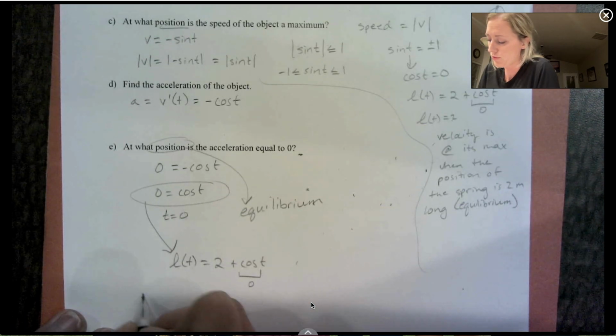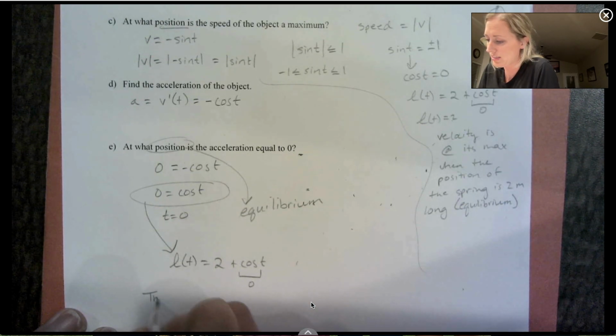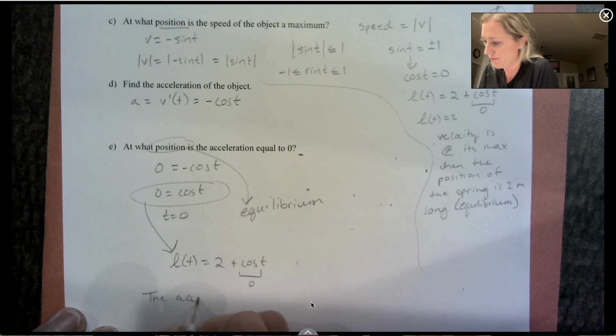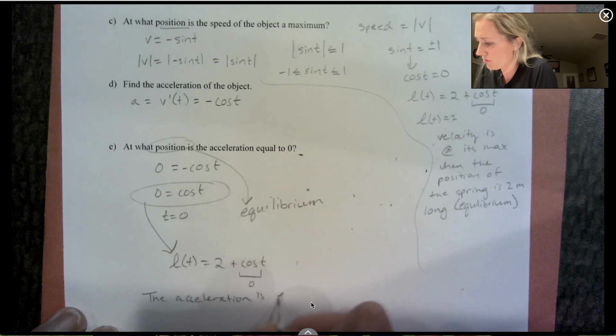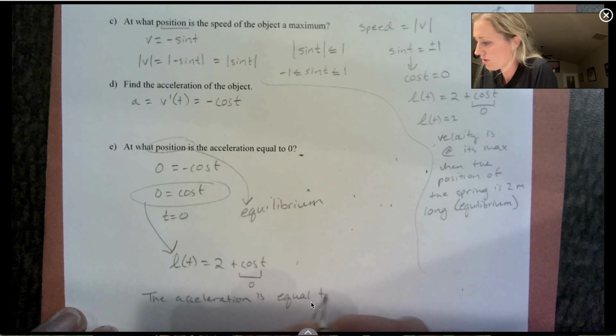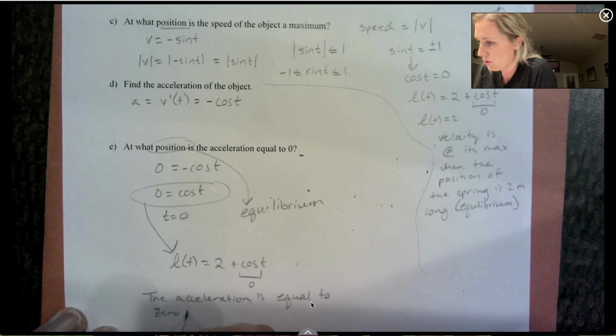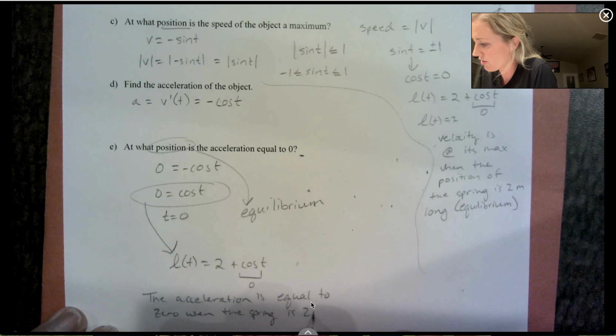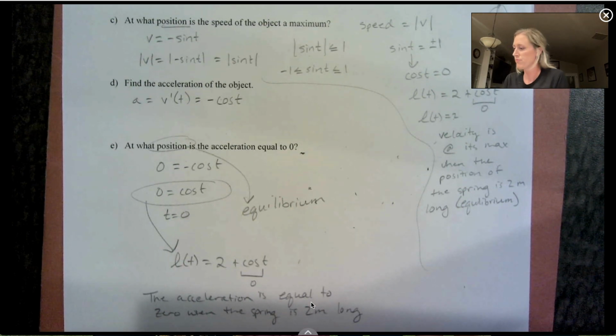So the acceleration is equal to 0 when the spring is 2 meters long, or in equilibrium. All right, that's it for our 2.5 video.